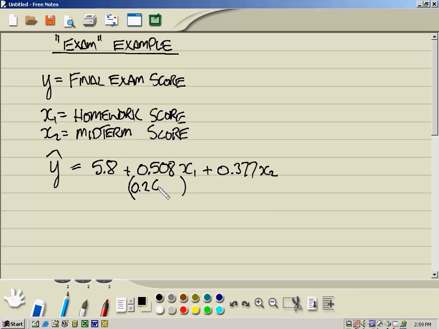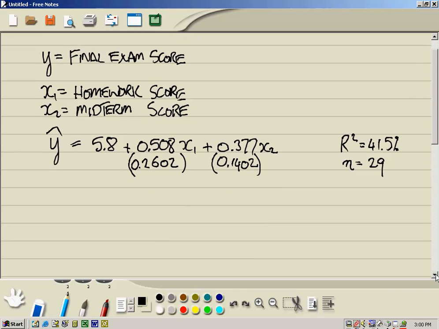Standard error for beta hat 1 is 0.2602 and standard error for beta hat 2 is 0.1402. The other information that we'll take from the output is that the R squared is 41.5%, which is not very good, yet the regression may be significant, and we'll take that the N is 29.